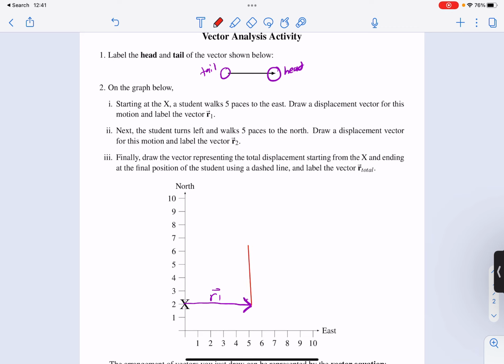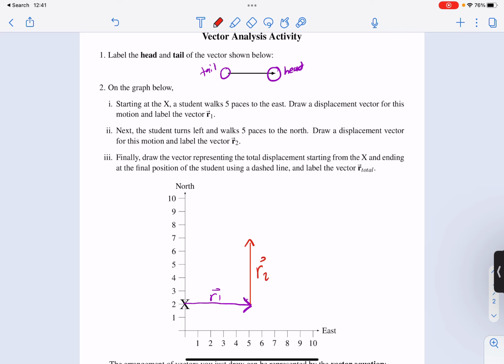Just like that. Now, this would be 5: 1, 2, 3, 4, 5. So we'd end at 7. That's going to be vector R2.